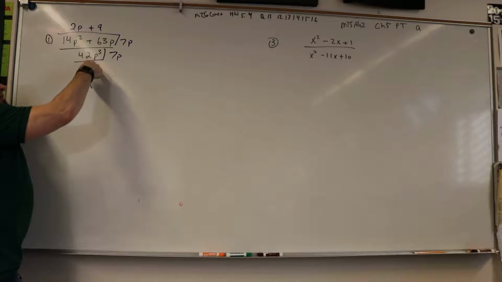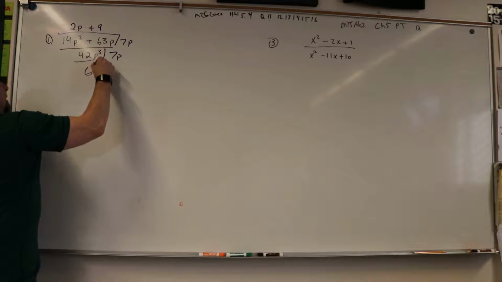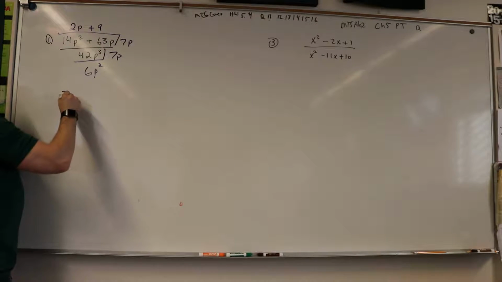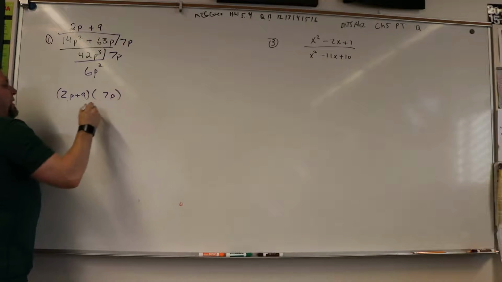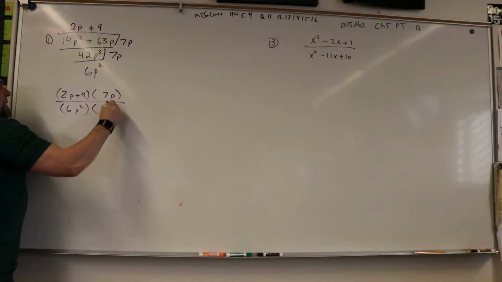And how many p's are left inside if I take 1 out? P squared, good. And now I want to rewrite this. So I got 2p plus 9 times 7p over 6p squared times 7p.